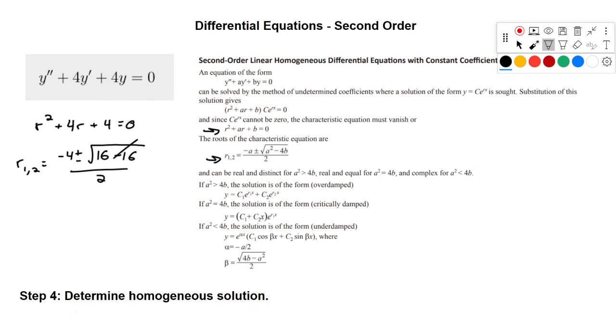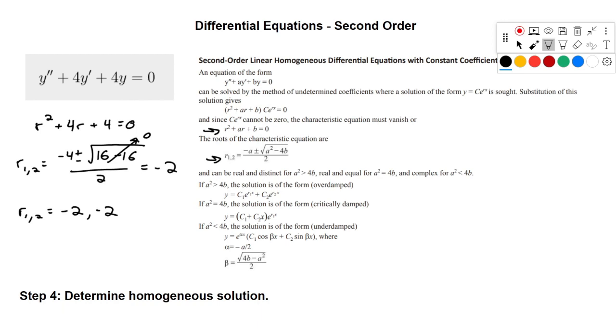And we could see that the radical term here will be 0, and we'll end up with negative 4 plus or minus 0 over 2, so negative 2. And anytime you end up with a single value, it means that both r1 and r2 are that value, so we have a double root, negative 2, negative 2.